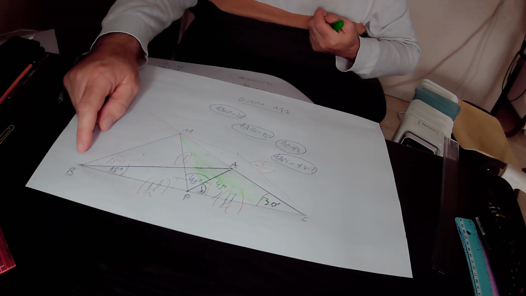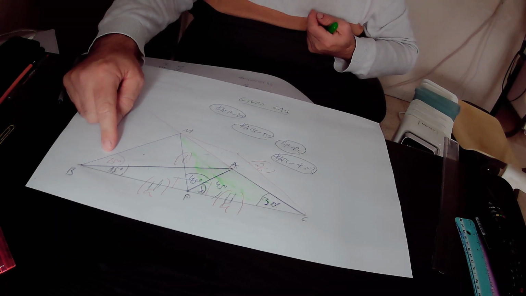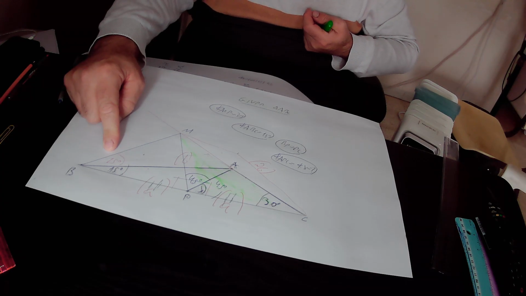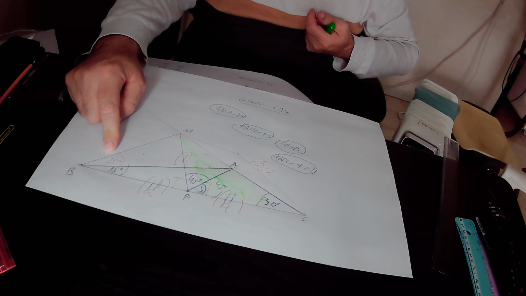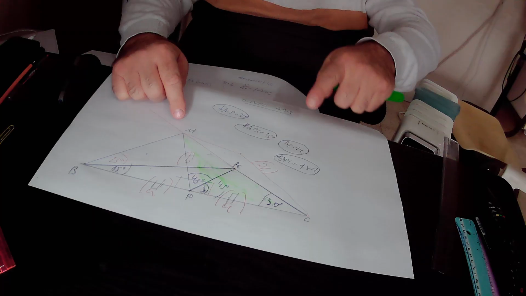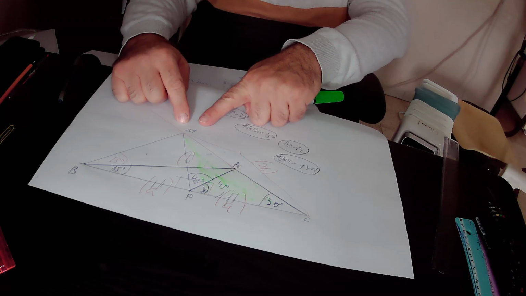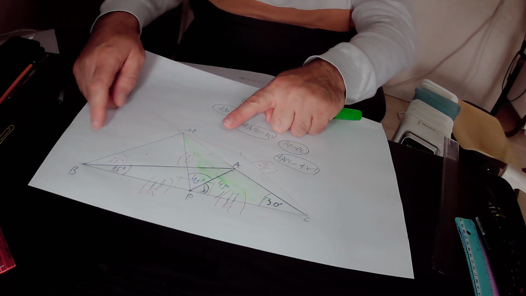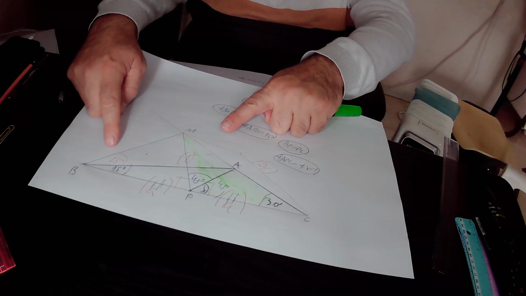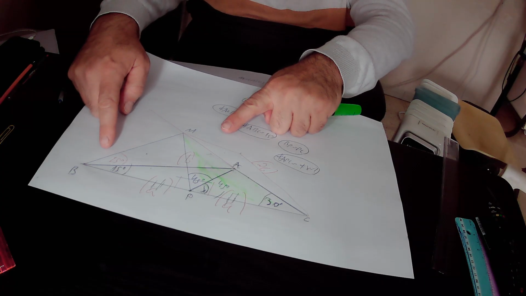We extended the leg BM of this angle that equals 15 degrees inside by a straight line until it touches the extended side CA. And we define the touching point of the extended side CA with the extended leg BM.